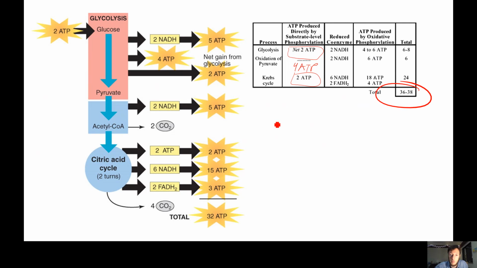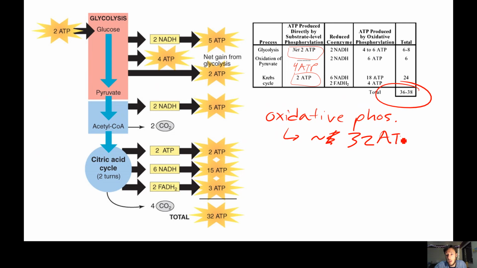Because what we're doing is the oxidative phosphorylation produces, on average, 32 ATP per turn. It's kind of like 32 to 34, which is why when we add this 4 ATP from the previous processes on top, we get something like 36 to 38.